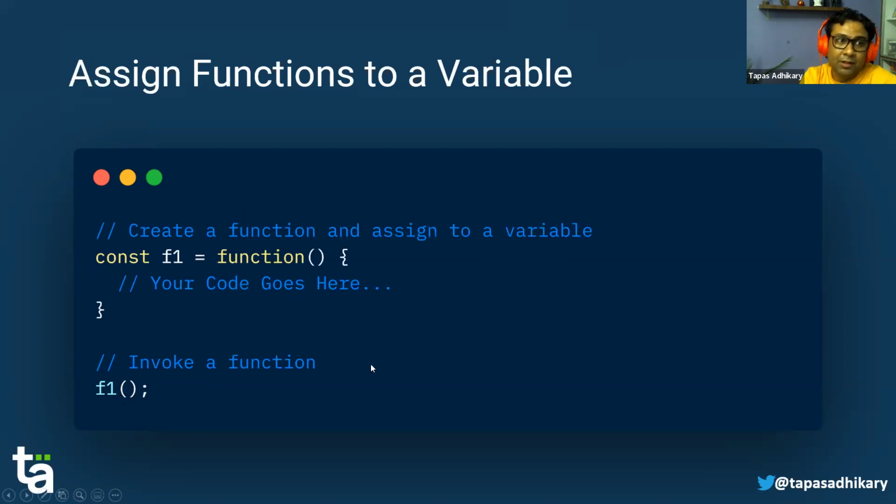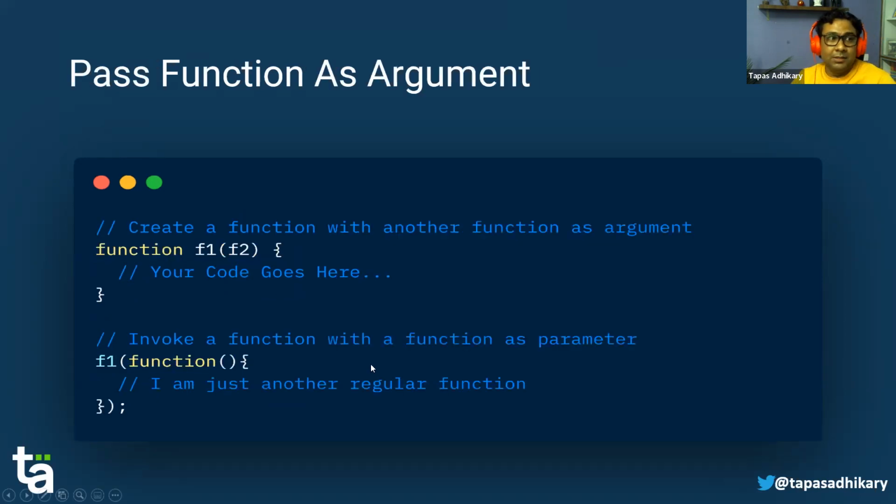So it's powerful. One more power that we have in JavaScript is that you can pass a function as an argument to another function. What is very normal is passing an integer, Boolean, or any kind of data type to a function as an argument, doing some computation inside the function and then returning certain values, right? So that's a normal flow. But you can also do something like this. You have a function F1, and it is actually expecting a function over here, F2.